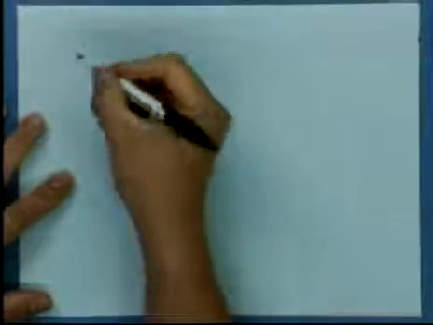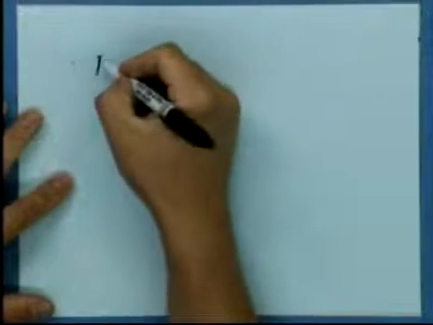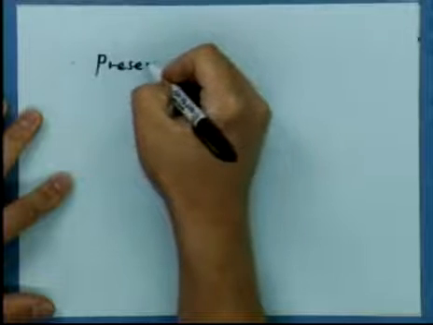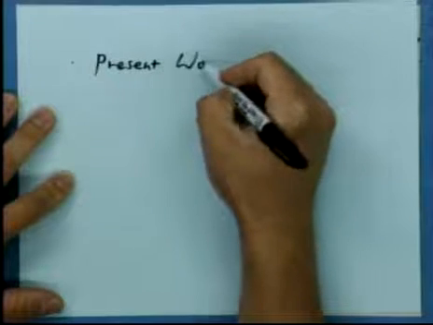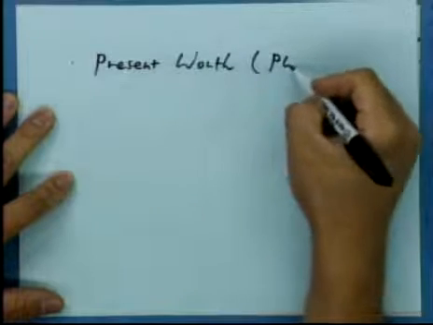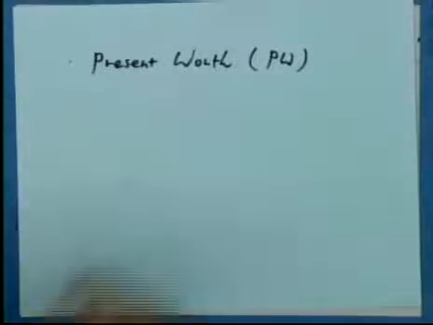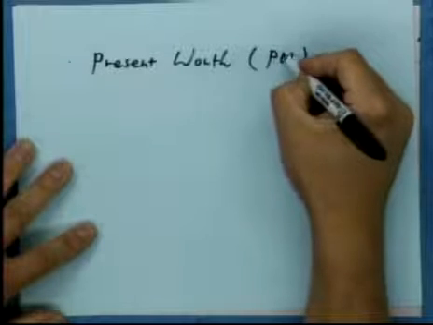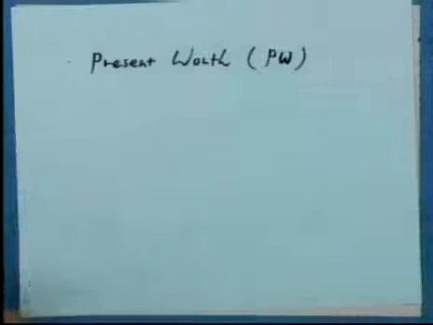And here's the very well-known cash flow analysis method, the present worth, and the abbreviation is PW.